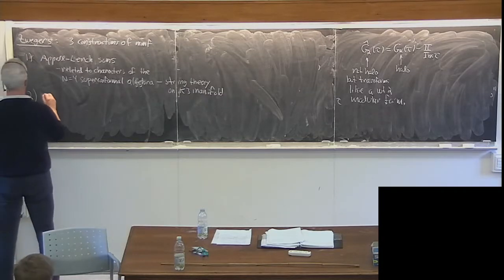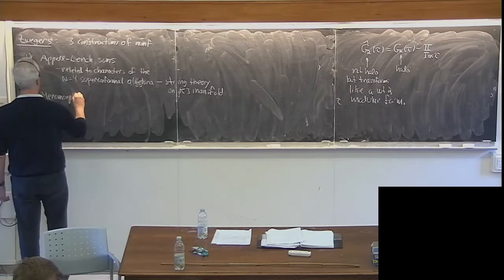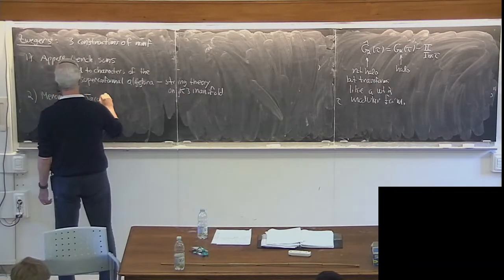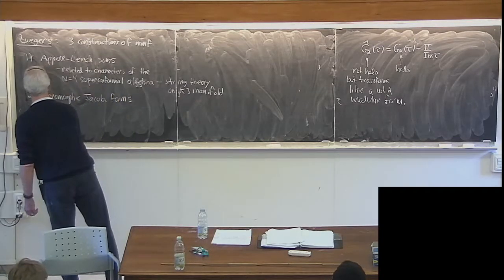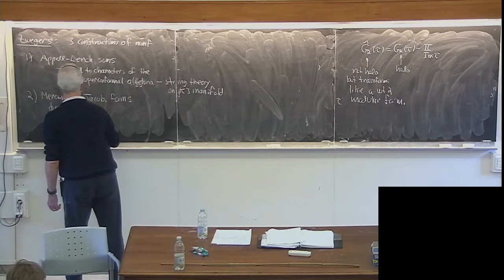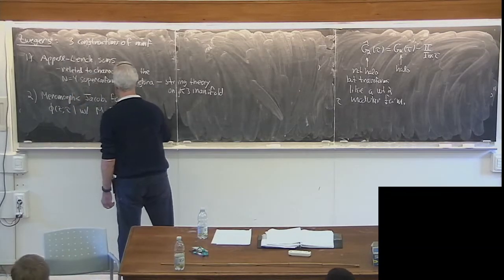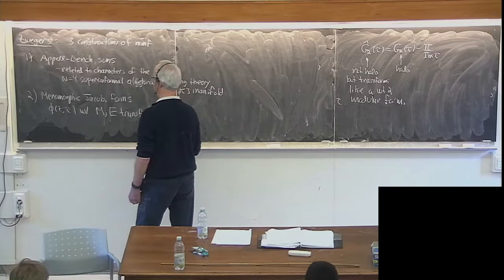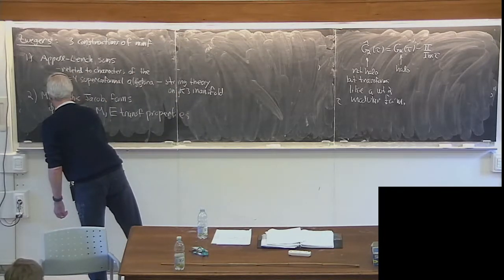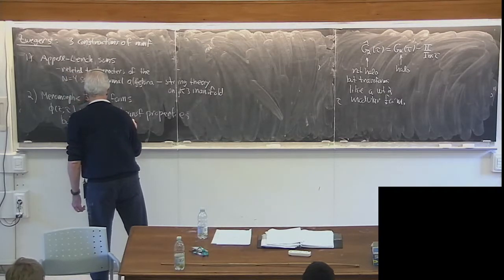He then gave a construction in terms of meromorphic Jacobi forms. So meromorphic Jacobi forms are functions of z and tau with the modular and elliptic transformation properties that we discussed earlier when we discussed Jacobi forms, but they're allowed to have poles in the variable z.